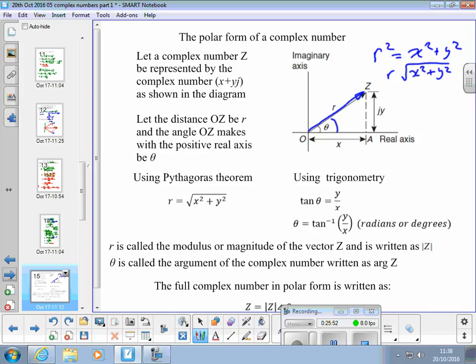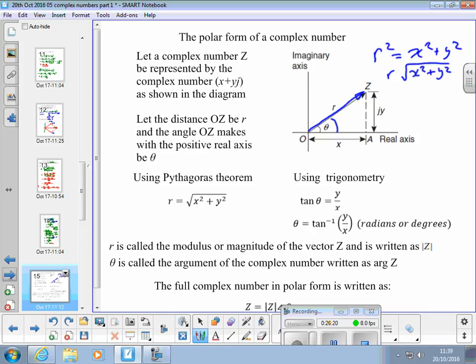And then, also, using trigonometry, the ratio involved with the two sides x and y, the rectangular form sides, the horizontal component and the vertical component, is that the tangent of the angle theta is equal to the opposite side y divided by the adjacent side x in this case.